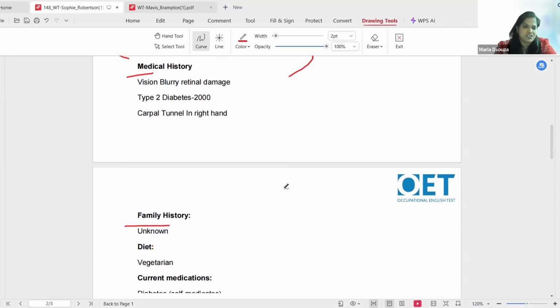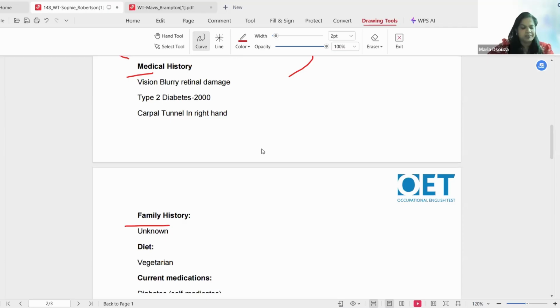Let's go to the medical history. Visual blurry, retinal damage, type 2 diabetes since 2000, carpal tunnel in right hand. Now, of these three things, which is important, or are all three important? Type 2 diabetes and blurry vision with retinal damage are important compared to carpal tunnel in right hand.